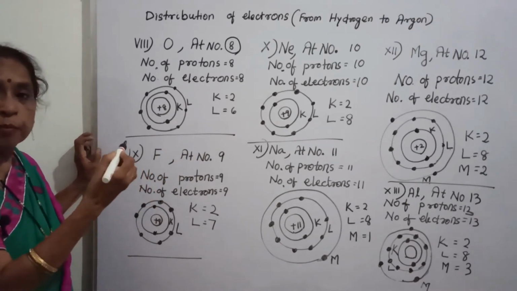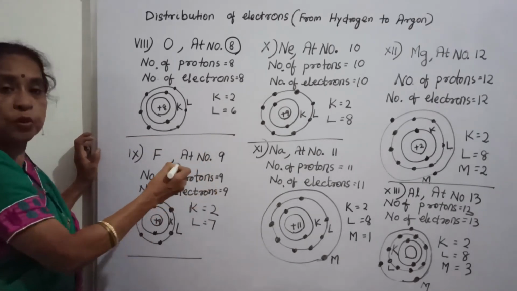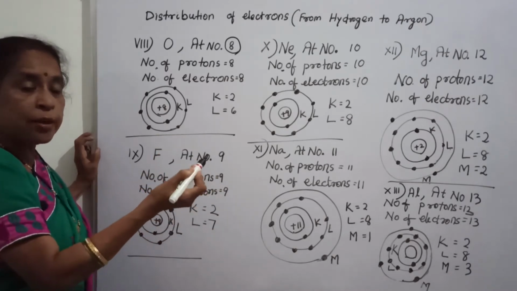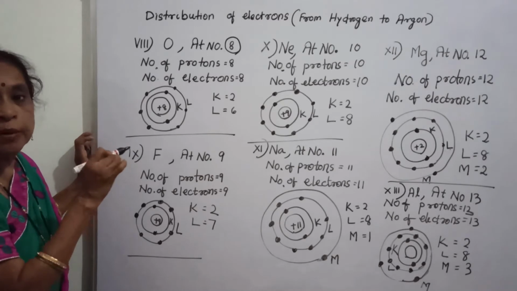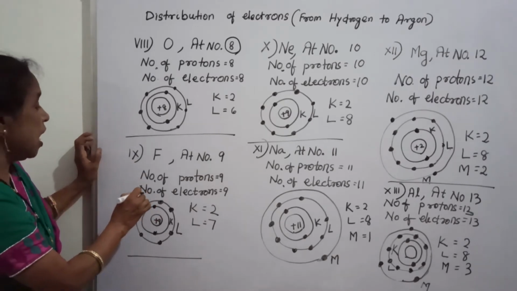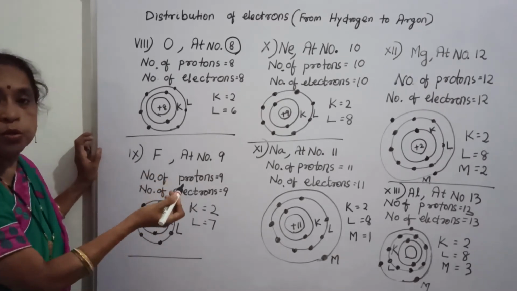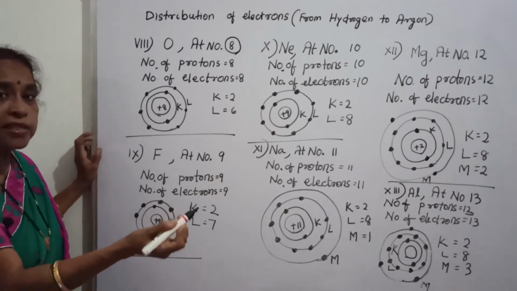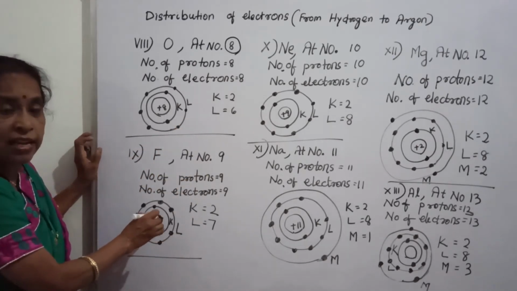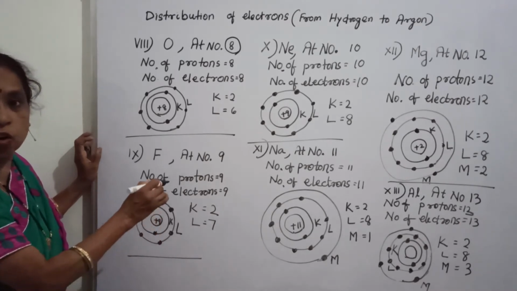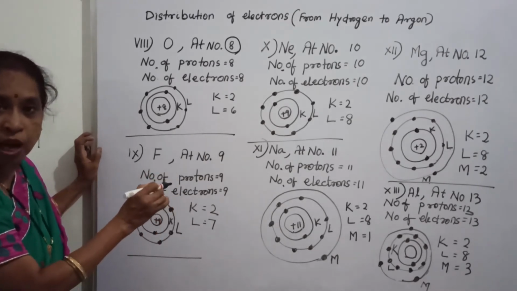Now next come to fluorine, where atomic number is 9. What does atomic number 9 mean? That means number of protons 9, plus 9 in the nucleus, represented by protons. Now number of electrons is also 9. Then how can you arrange these electrons in different shells? First shell K has 2 electrons according to the 2n square formula.